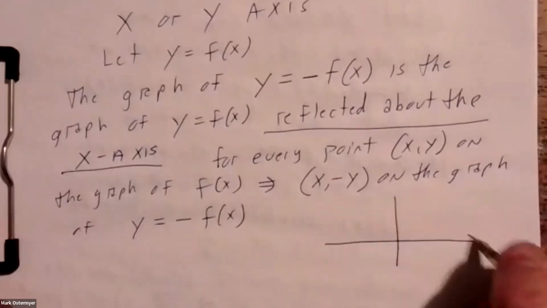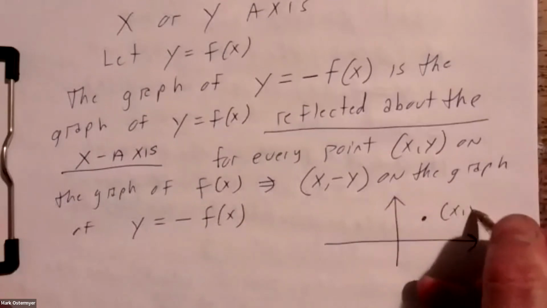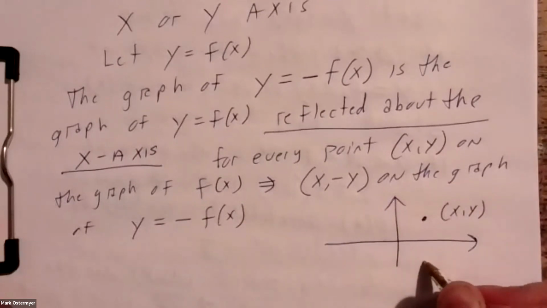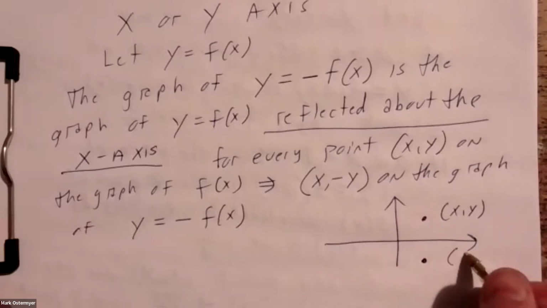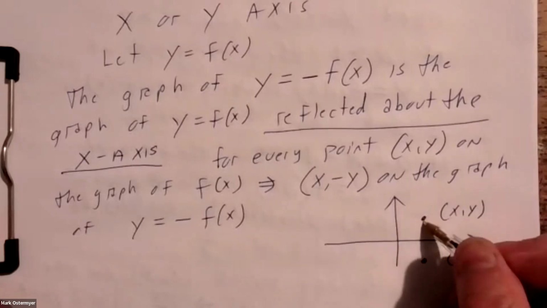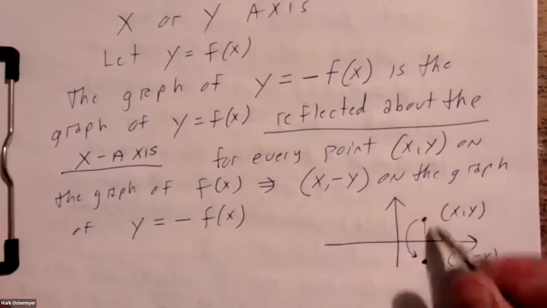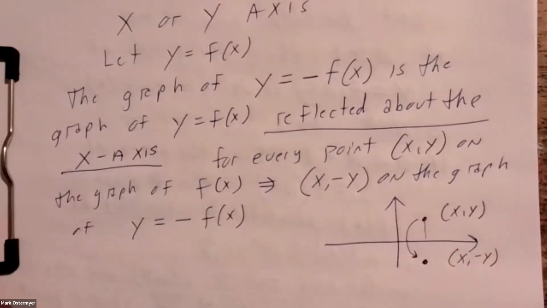So envision this. If we have the graph of f of x, which has some point x,y, well, the new point on the new function's graph is going to be x, negative y, which you can clearly see that this point here has literally been reflected about or over the x-axis. Has been reflected.